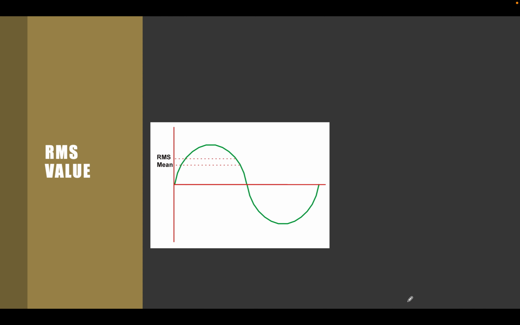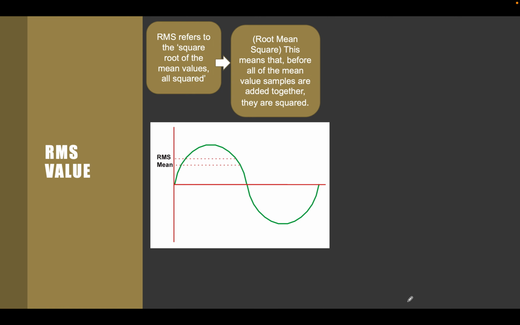There we go. So the RMS value, you can see it there plotted above the mean average value now. And this is another definition, and then we'll show you the quick way that we're going to use. So the RMS refers to the square root of the mean values all squared. So the root mean square means that before all the mean value samples are added together, they are squared.